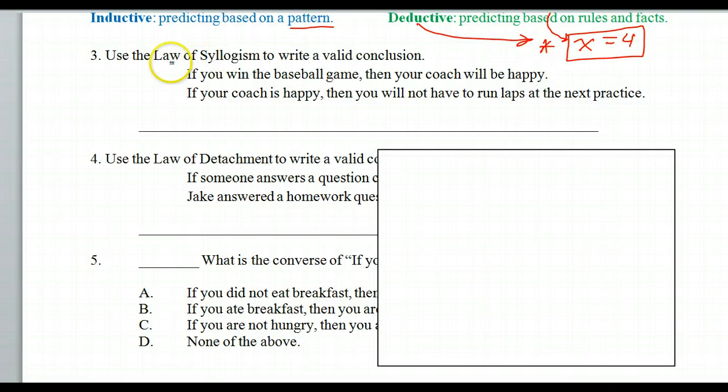The law of syllogism is sometimes referred to as the chain rule, because syllogism is the one that works like a chain. So here's a model of syllogism.